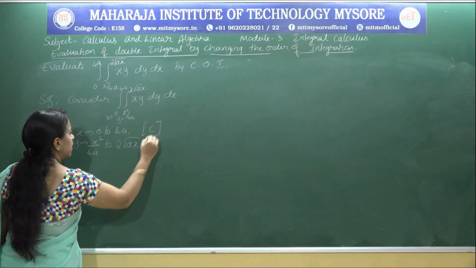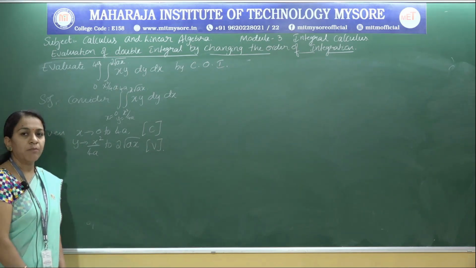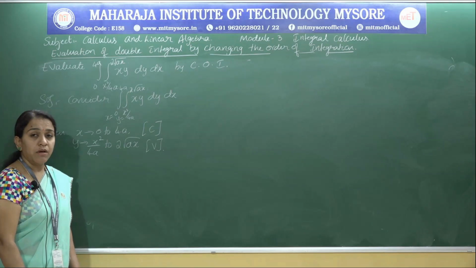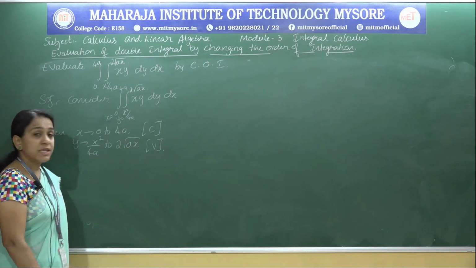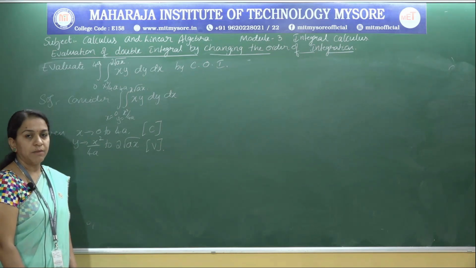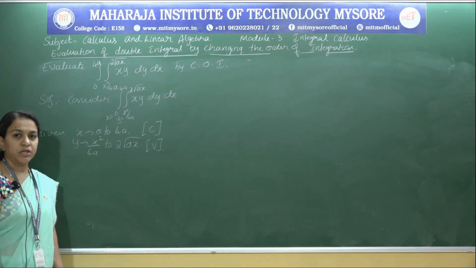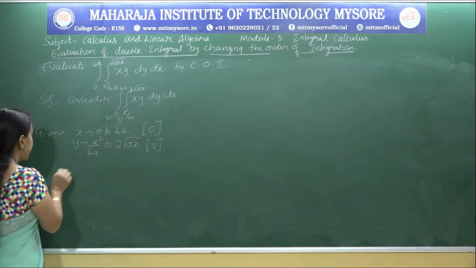So x is a constant limit now and y is a variable limit. Okay. So what is our aim? We should change our x as a variable limit and y as a constant limit. So to obtain that, we should represent the given curve. So what is this curve?